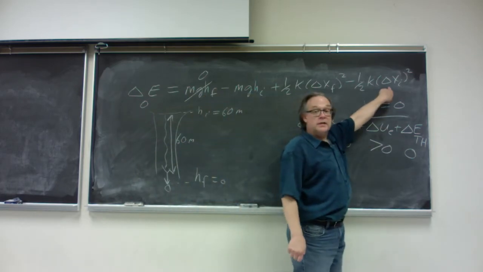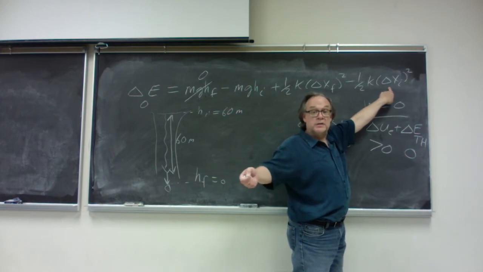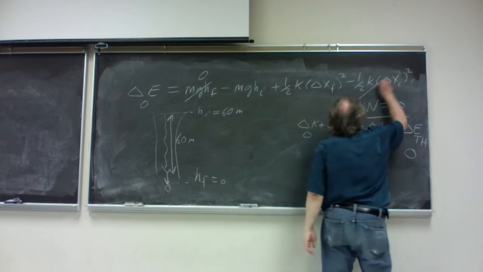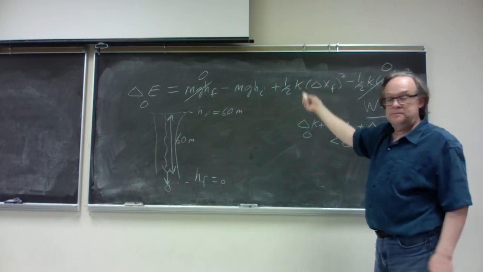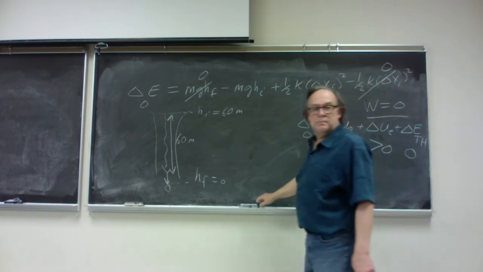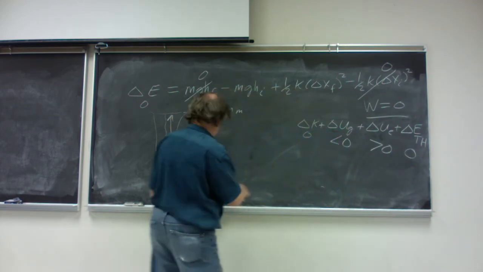And since in the initial state there is no stretching, the end of the cord is not displaced away from its equilibrium position, the initial amount of stretching is 0, so the initial amount of elastic potential energy is 0. So the equation now reduces to something relatively simple, and at this point we'll put in the numbers.